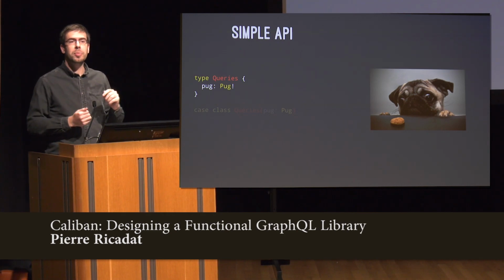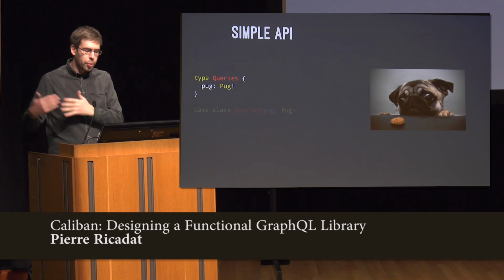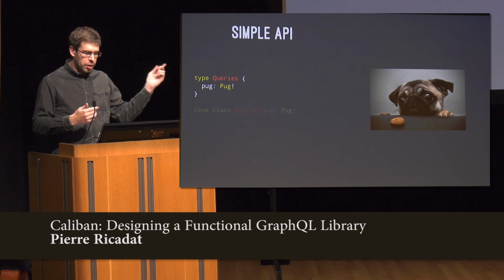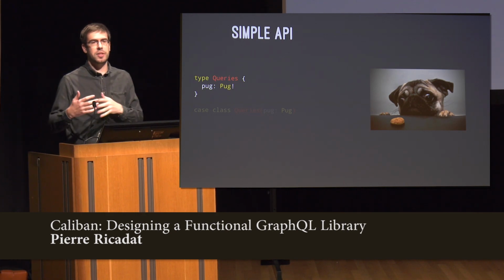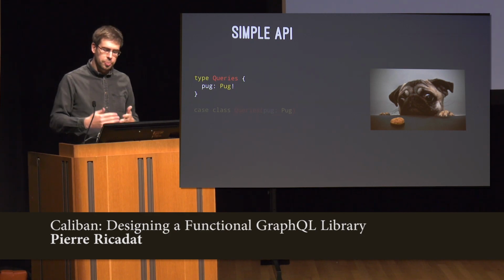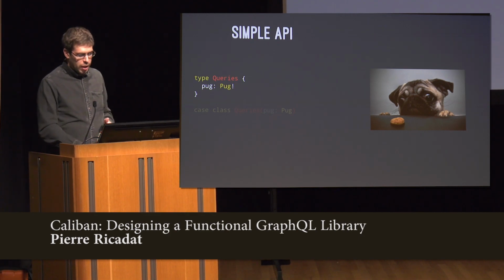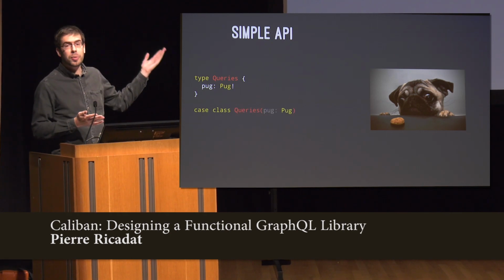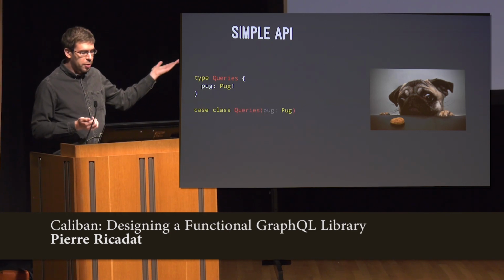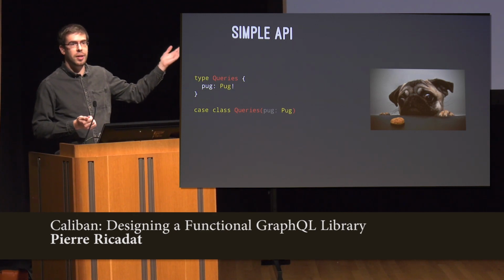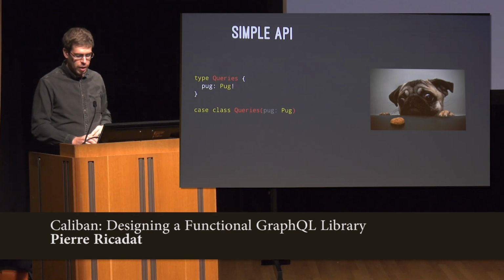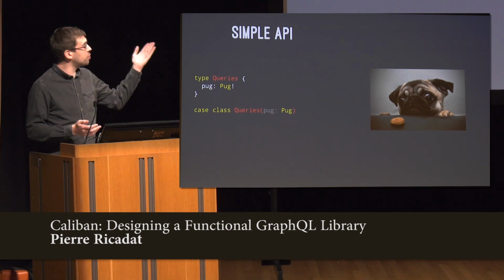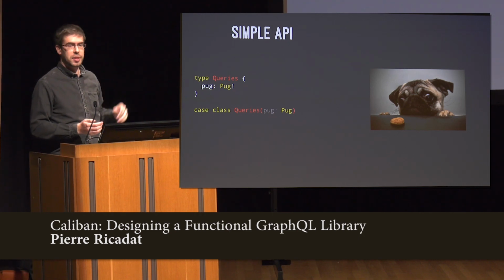The exclamation mark means that it's non-null, so you will always have a response. Without the exclamation mark, it means that it's optional. It might return null in GraphQL. This is actually very similar to a simple Scala case class called Queries that has a field named pug that returns a Pug. So why don't we use that case class to represent that schema?